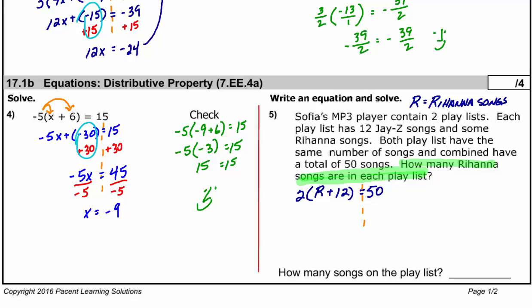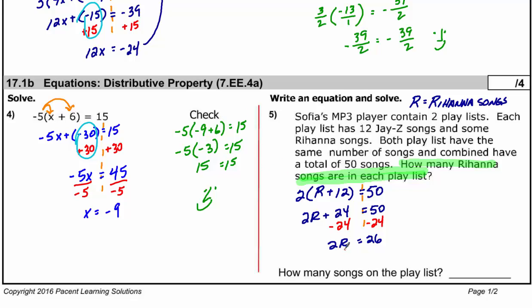So we're going to distribute. 2 times R is 2R. 2 times 12 is 24. That equals the 50 songs. We're going to take away the 24 Jay-Z songs. And that means that in the 2 sets of Rihanna songs, there are 26 songs altogether.